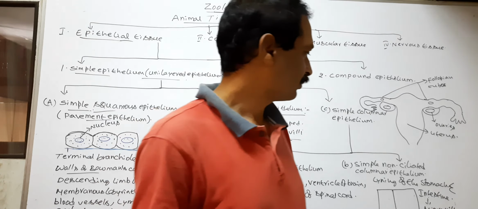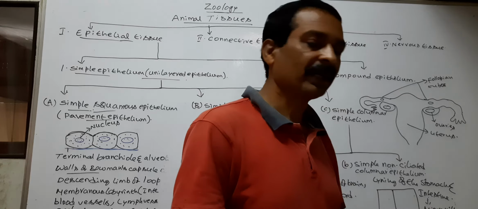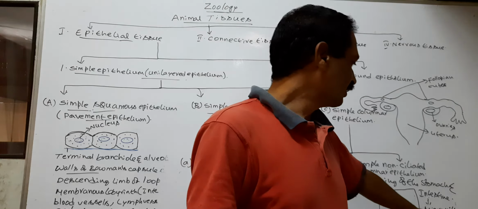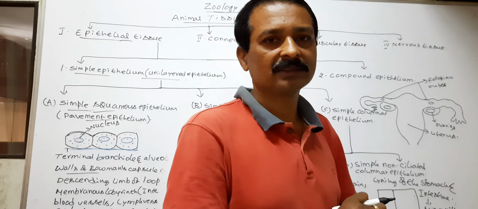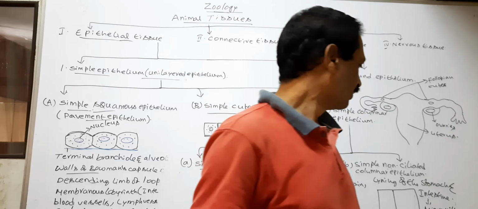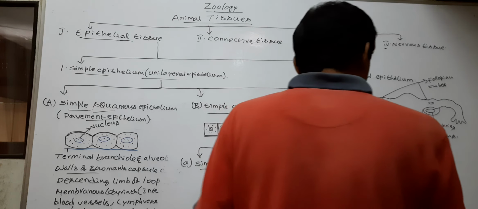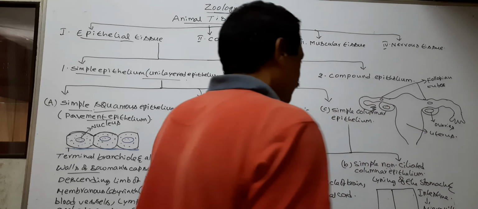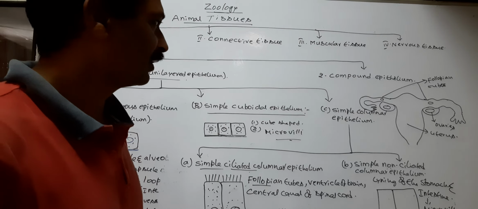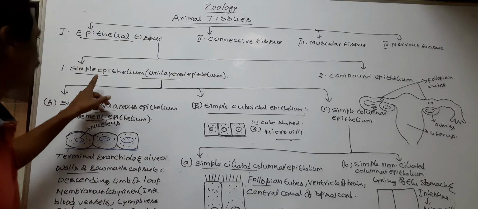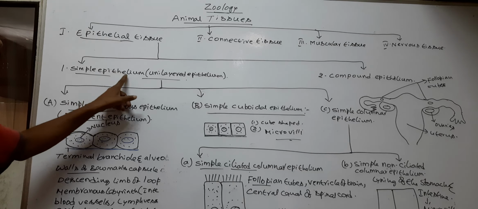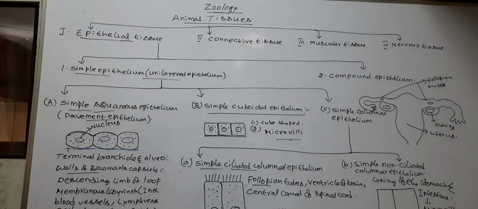In this process, microvilli increase the absorptive surface area. So this is the simple non-ciliated columnar epithelium. So this is the simple epithelium of epithelial tissue.